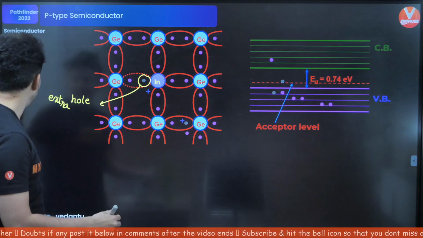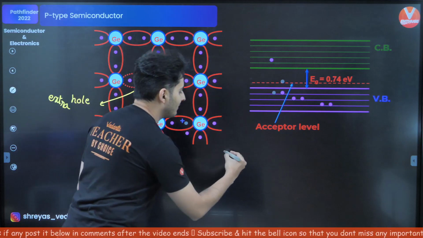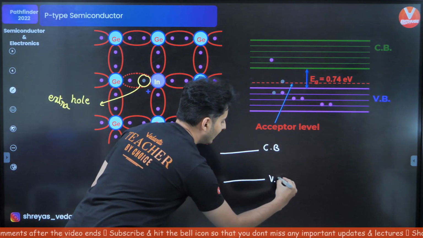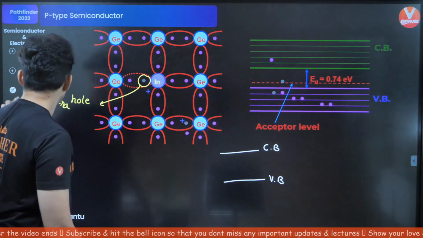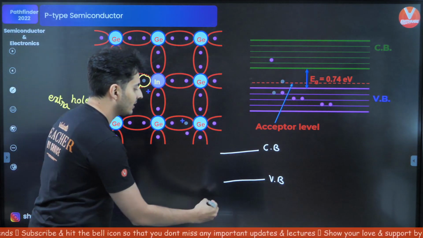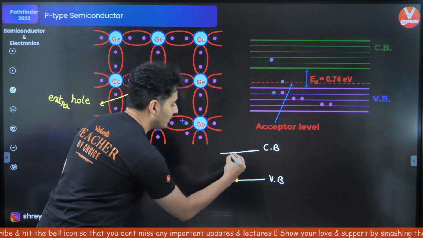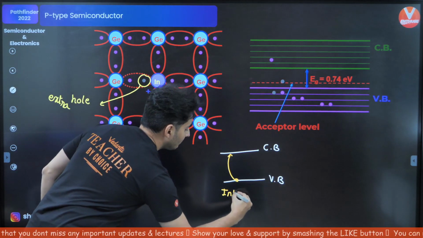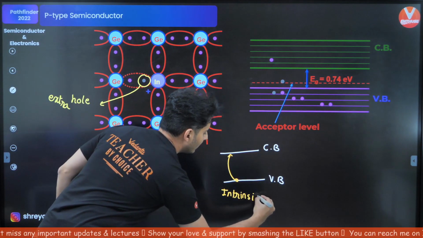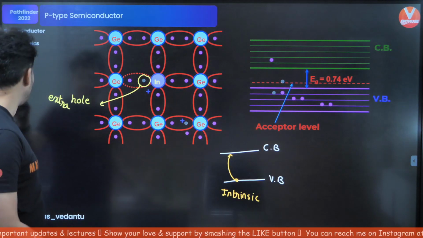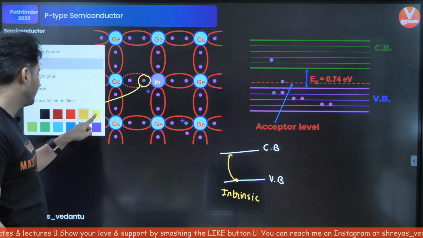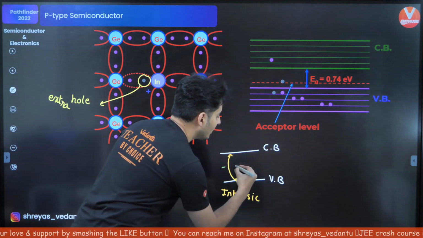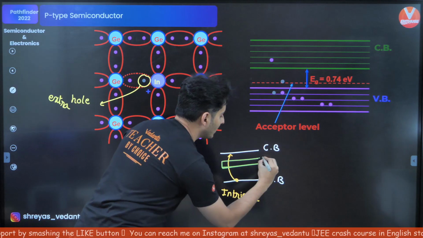Now just go back to our previous energy level diagram. You had the conduction band and you had your valence band. Usually for an intrinsic semiconductor, the electrons had to jump from here to here, right? This was for your intrinsic semiconductor. The moment you create a P-type semiconductor, you create a new P-type vacancy.